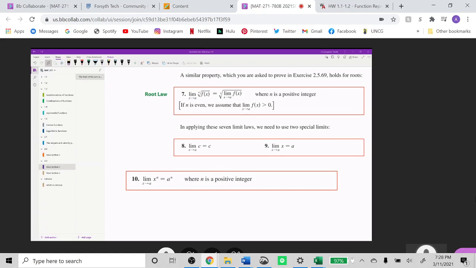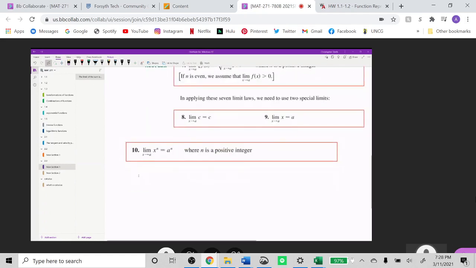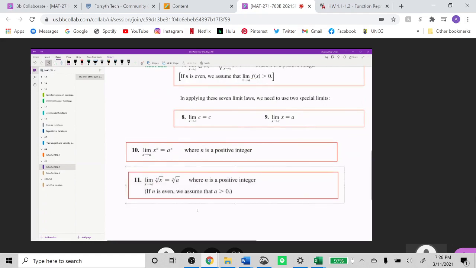And we can also combine the root law and number 9 to get this one. Oh yeah, and the root law has the stipulation, if n is even, if it's an even root, we assume that a is greater than 0, because even roots cannot have negative numbers as their arguments.